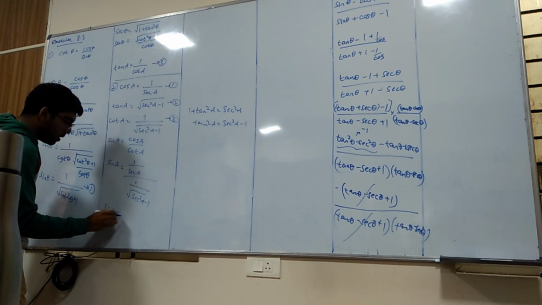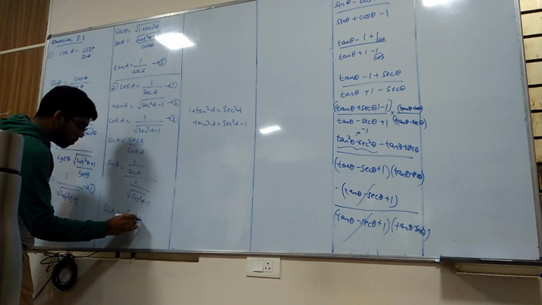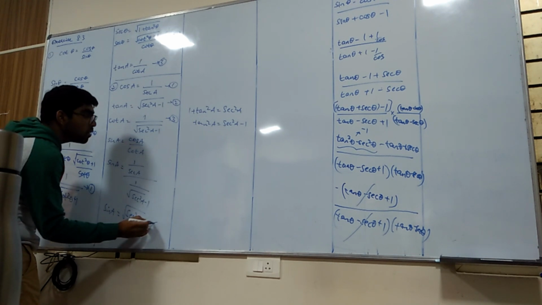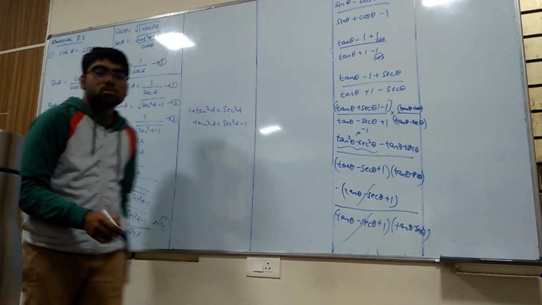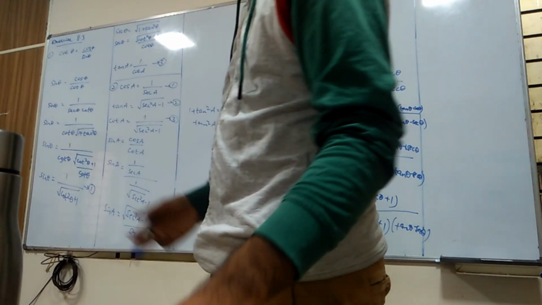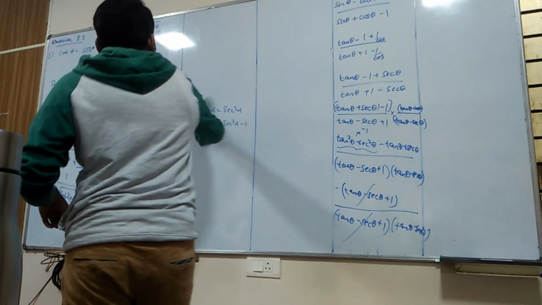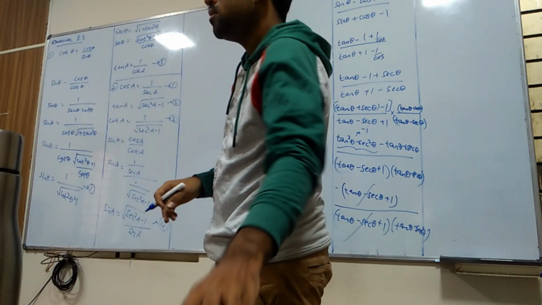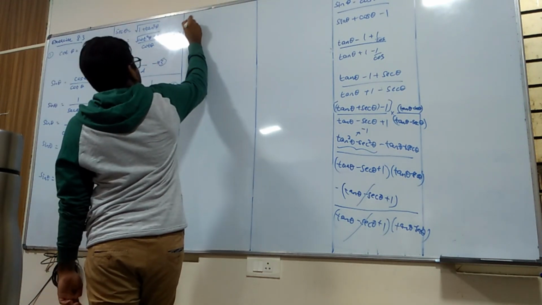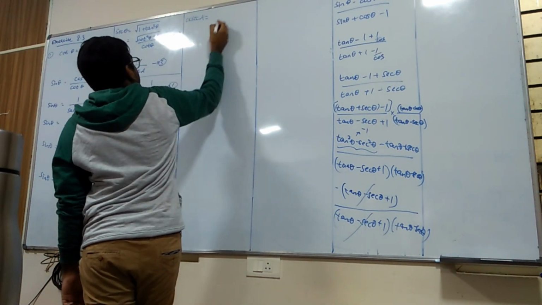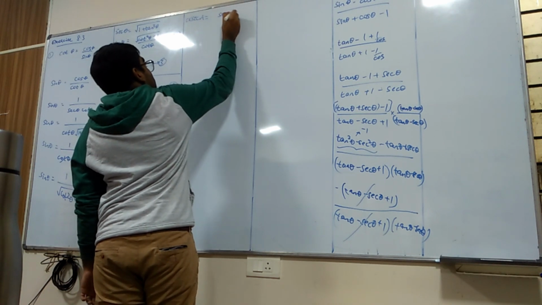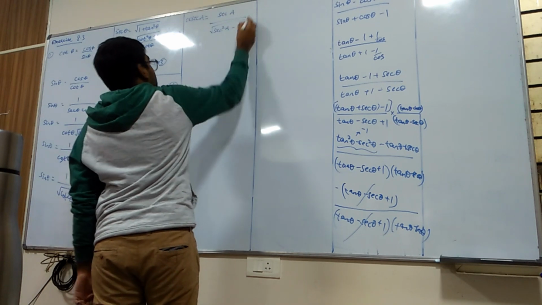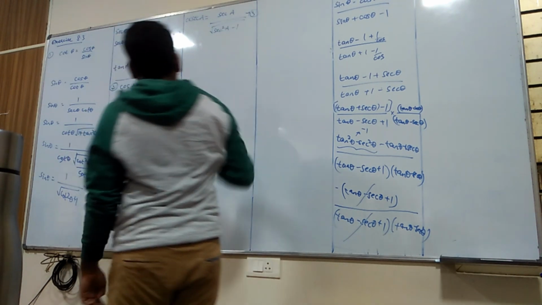So sin A will be secant square A minus 1 under the root divided by secant A. So what is cosecant now? The reciprocal. Cosecant A is equal to secant A divided by root of secant square A minus 1. You got all the ratios?